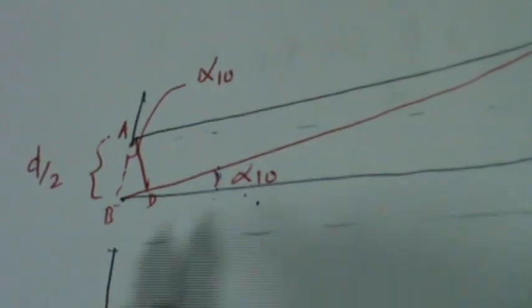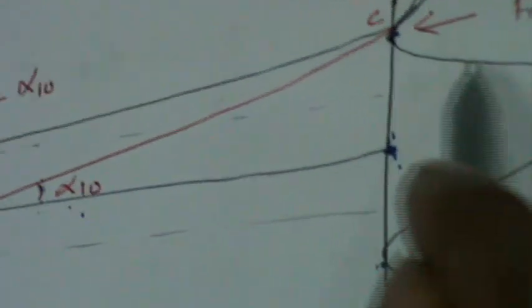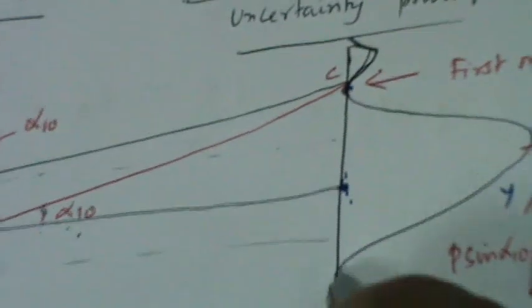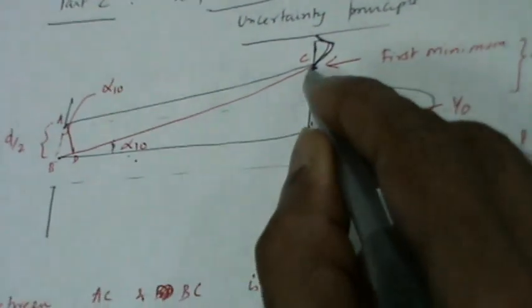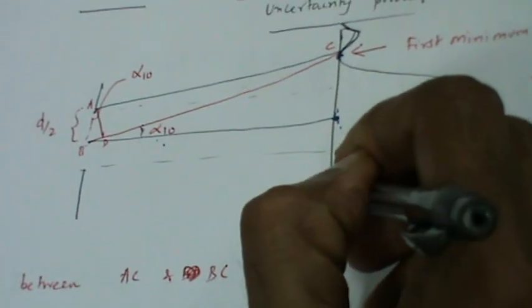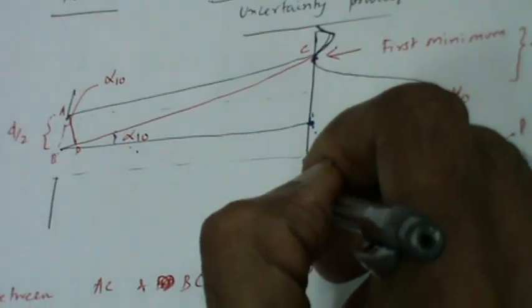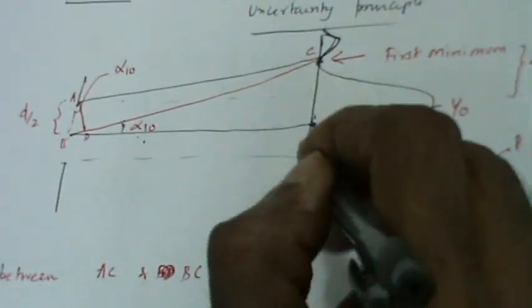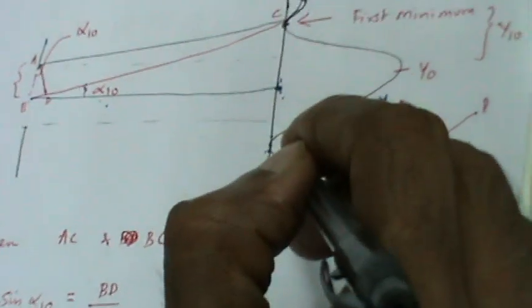So you see that the intensity pattern on the screen is represented something like this, and we concentrate on the first minimum on both sides, assuming that most of the photons will be found within this region.